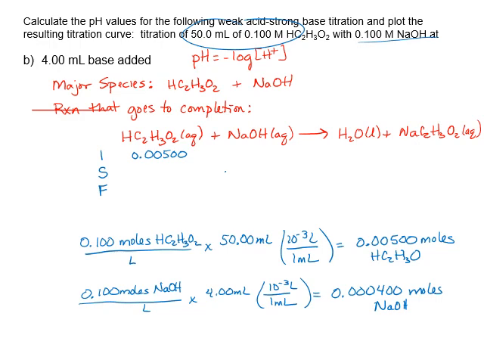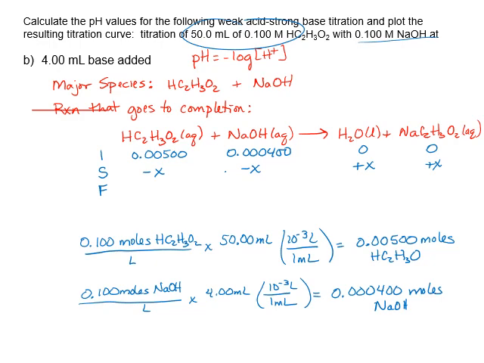So we're going to be adding 0.0004 moles of the sodium hydroxide. Again, we'll start with 0 of our products. For the stoichiometry change, again, we'll have minus X for each of the reactants, plus X for the products.